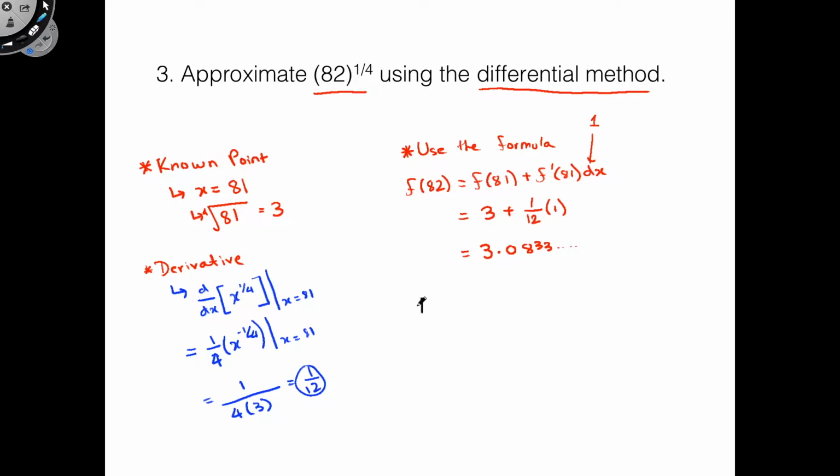And what's the true value? Well, that's going to be 3.009216 blah, blah, blah. So again, these two are really close. In fact, the degree of error has decreased even further from the previous problem.